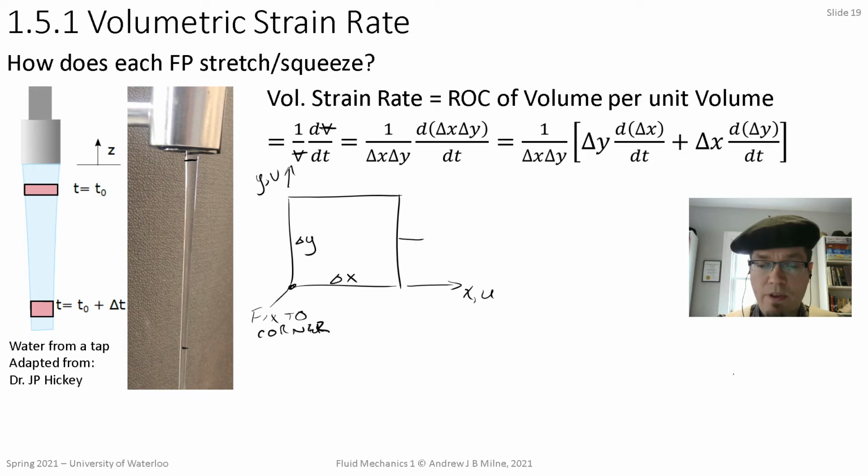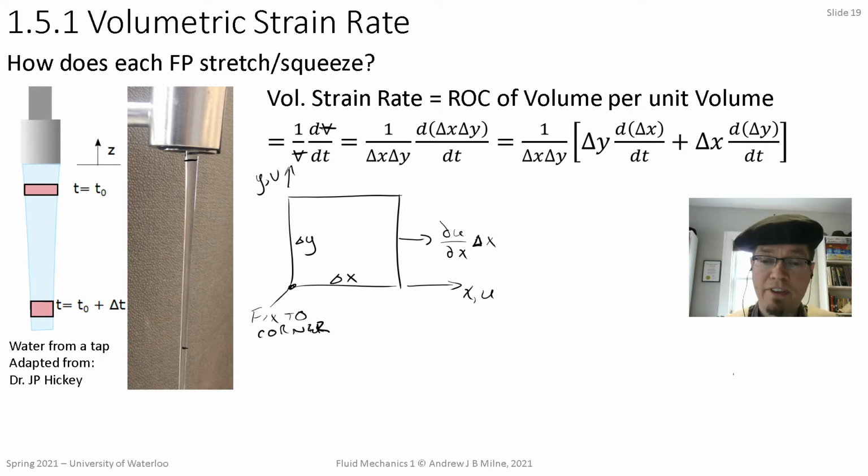So if we're moving with that bottom left point, what we see is that the right hand side moves as ∂u/∂x times delta x. So the rate of change of u with respect to x times the change in x.